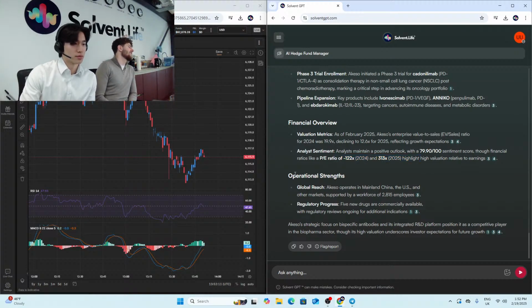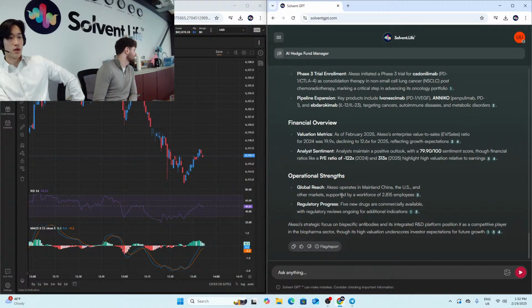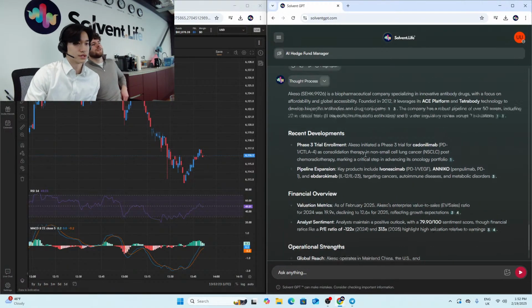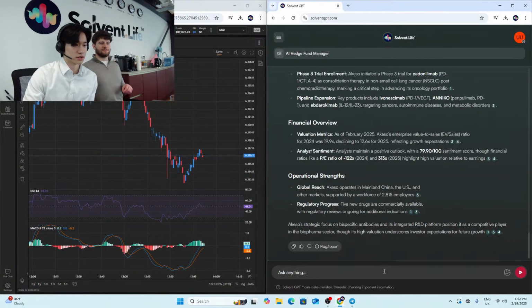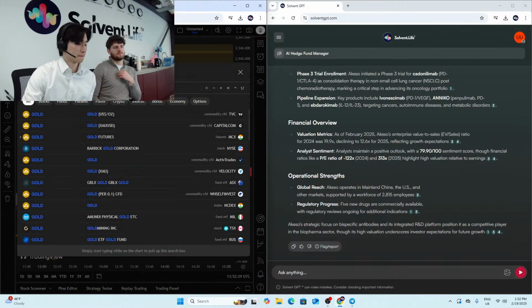Okay. Operational strengths, global reach. They've got reach to mainland China, the US, and other markets. So this looks like a really good stock to invest in.